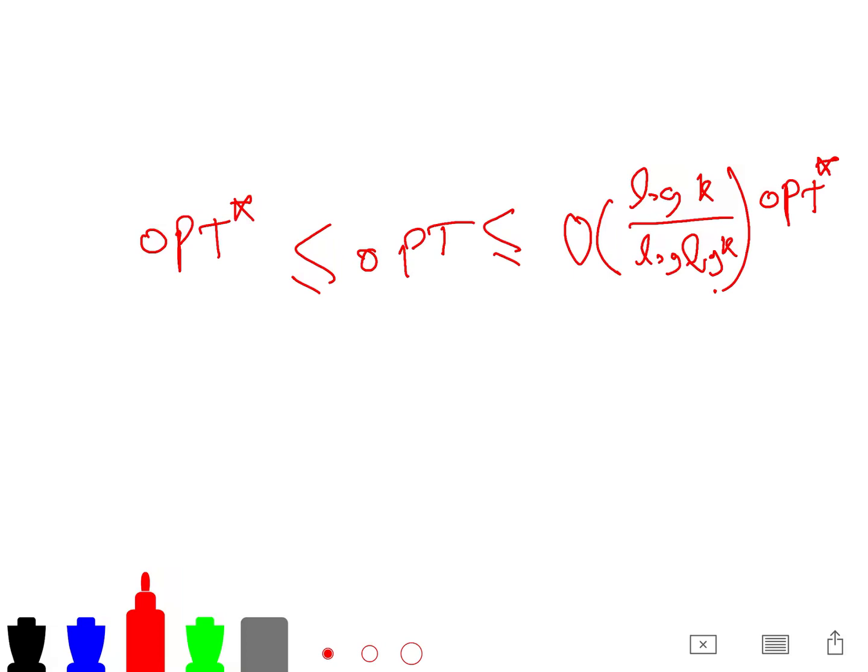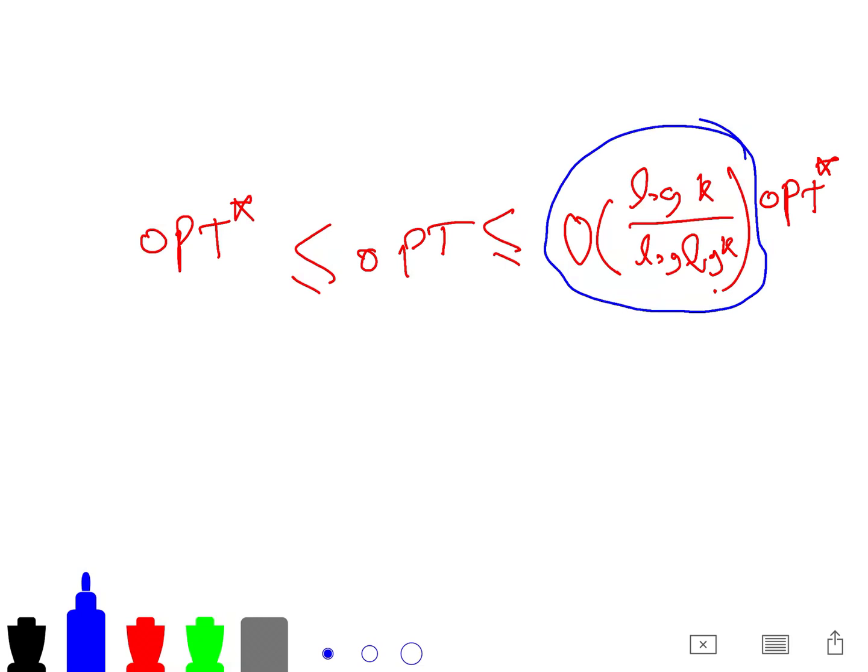Their first algorithm was just a review of CKR, but their second algorithm, which was their own, proved that you can do much better with this factor. So it is a better approximation than the original CKR algorithm, because CKR was just O of log k, but they improved this. So it is a better algorithm.